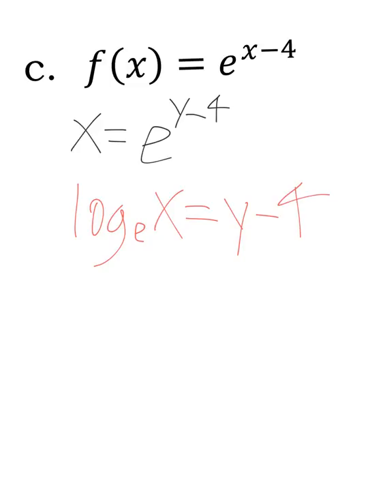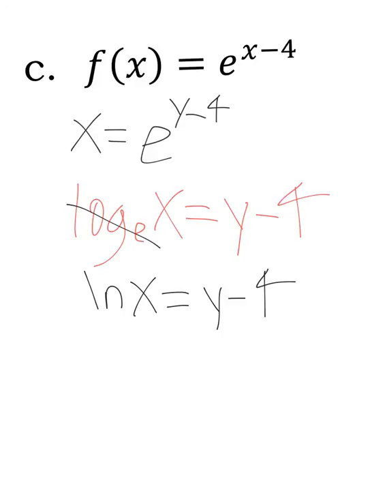So now that I've set it up, log base e of x, well, to kind of further your education, that's my job after all, log base e is the same thing as ln. So I'm going to rewrite ln x equals y minus 4. So I'm almost done.